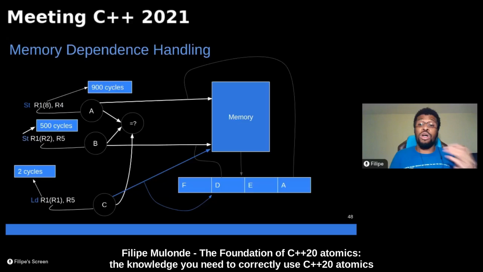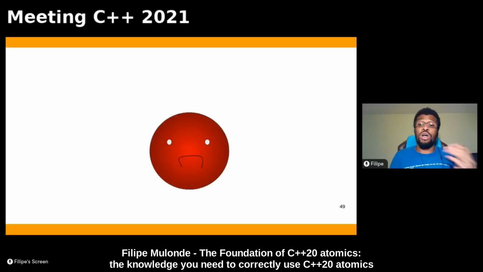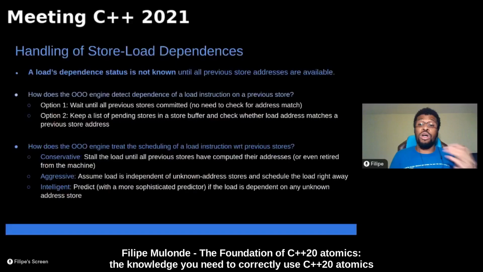For example, we can address a byte, 2 bytes, 4 bytes, and 8 bytes, and for all the locations that a load is going to access, we need to check if there is not a previous store that's going to write to this location. So that makes the problem worse. It's not good. So a load's dependency status is not known until all previous store addresses are available.